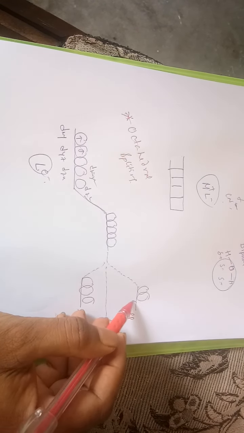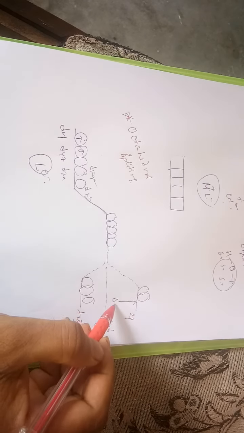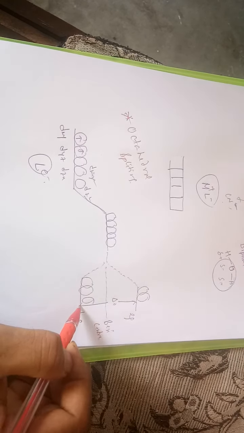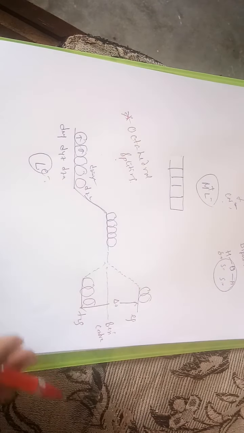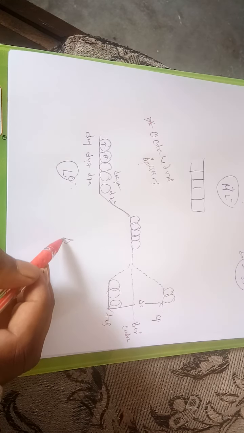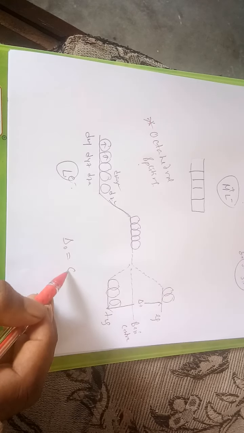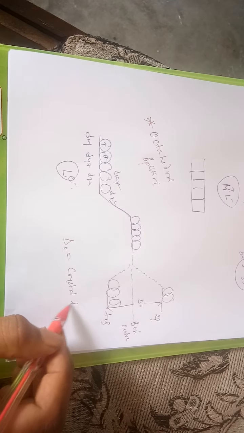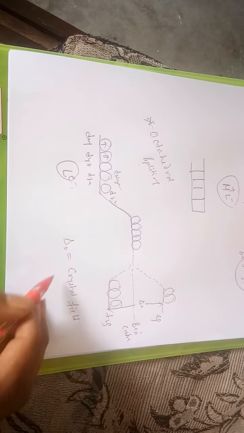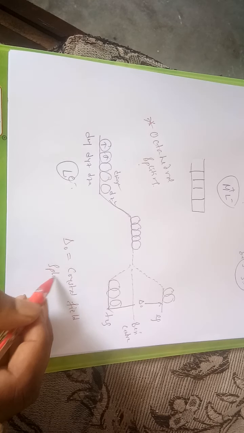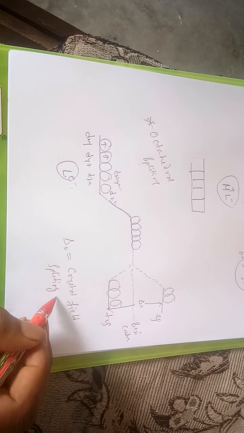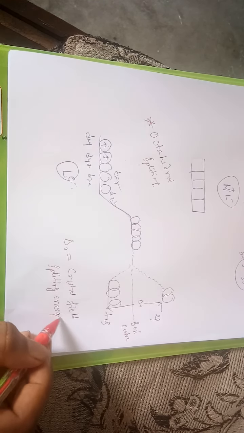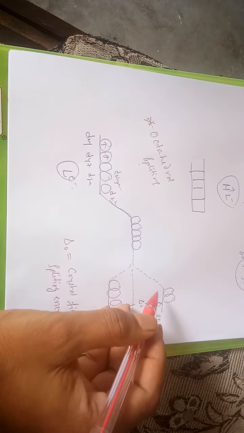Now the energy gap between these two is called del O. For octahedral splitting, it is del O, where del O is called the crystal field splitting energy.